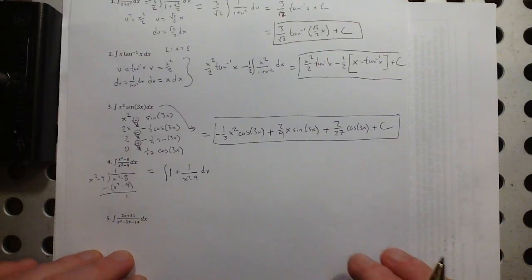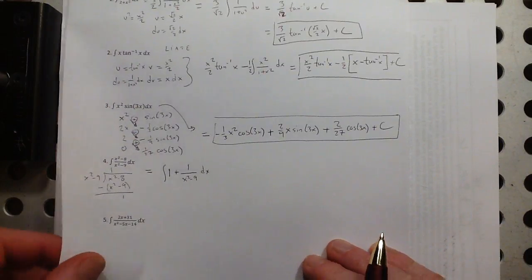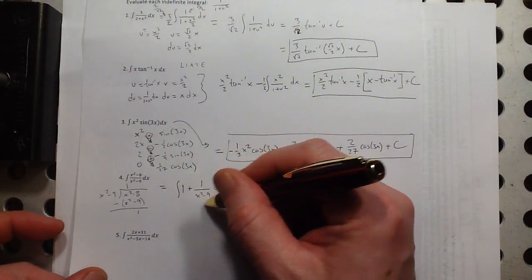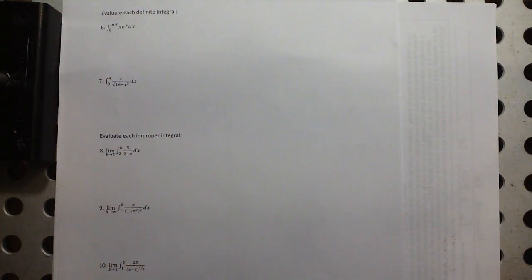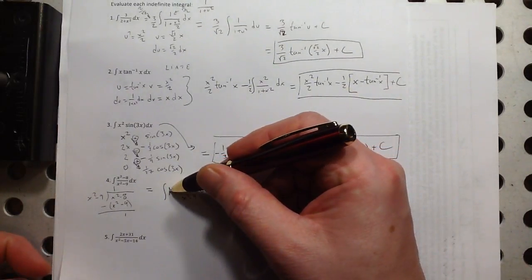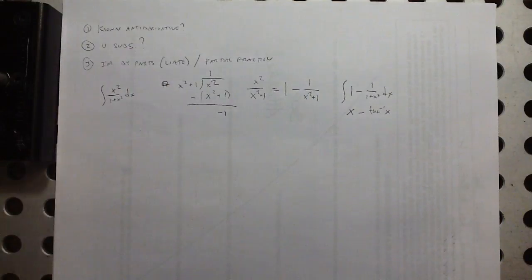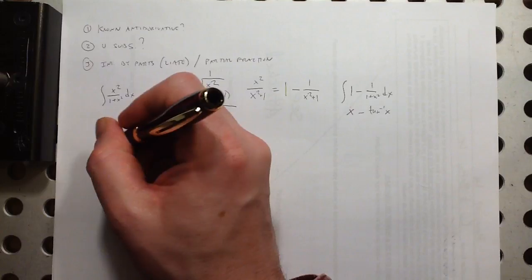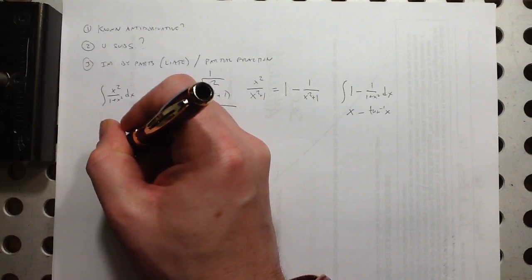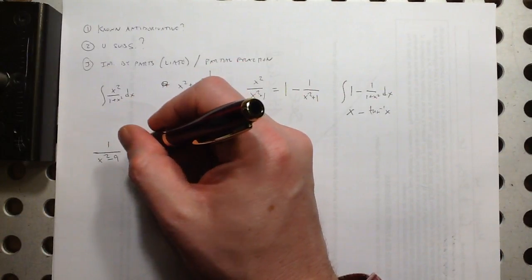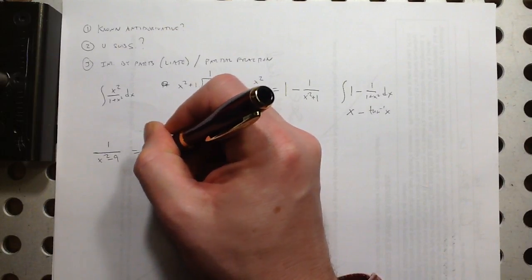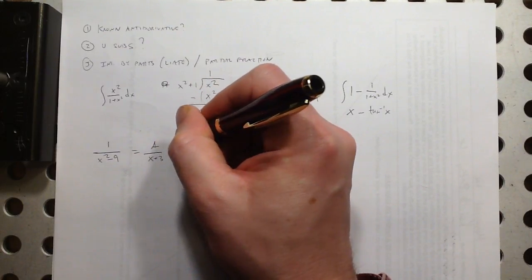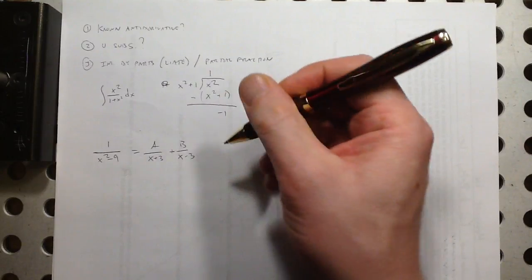Okay, so I'm going to do the same thing that I did before. I'm just going to move over to a separate sheet here to evaluate this part of the integral. Of course, the antiderivative of 1 is just x. All right, so I need to figure out how to do partial fractions with this. So it's going to be a over x plus 3 plus b over x minus 3.